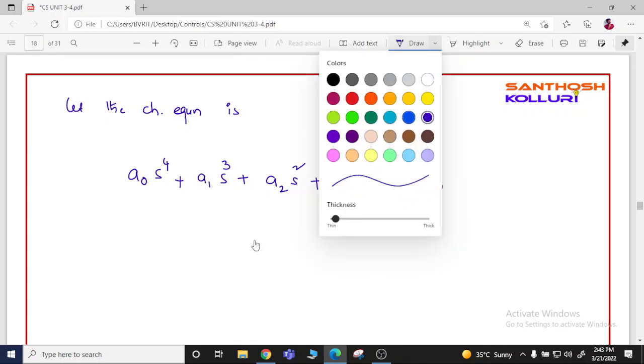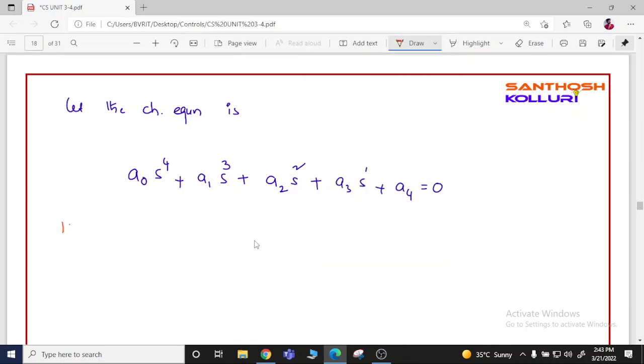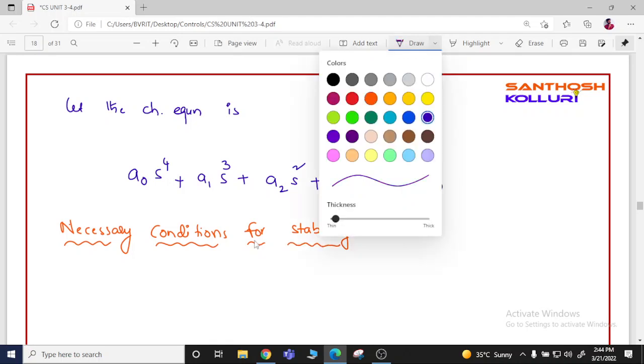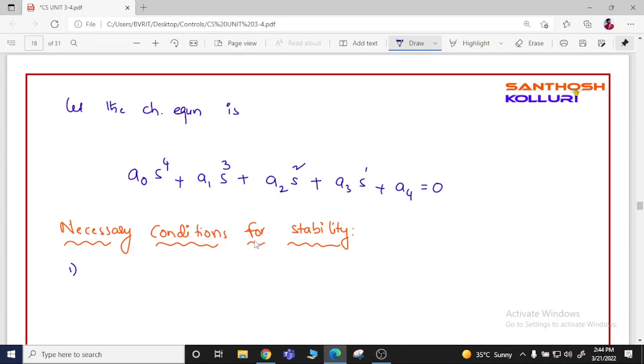We have some necessary and sufficient conditions for the Routh criteria. Necessary conditions for stability: first one is there should not be any sign changes in the characteristic equation.